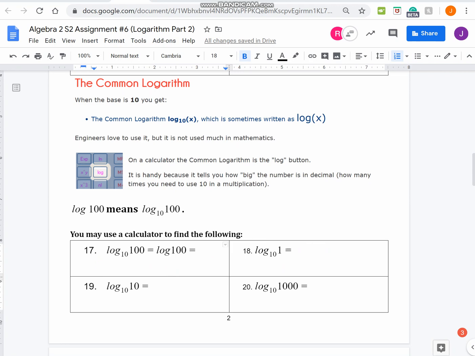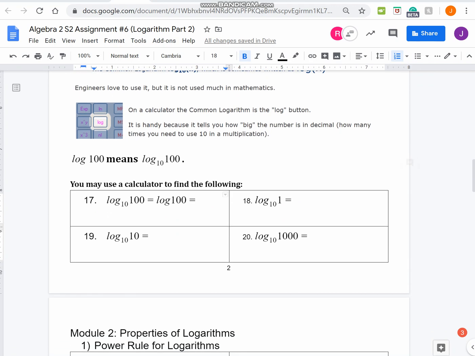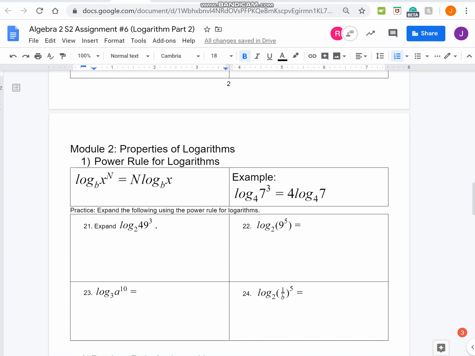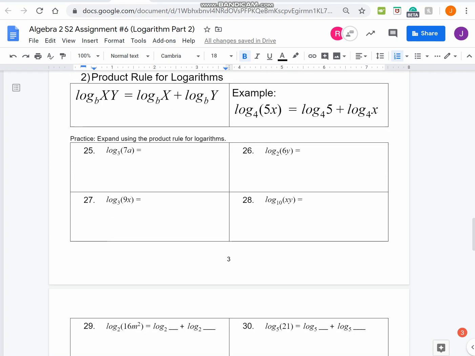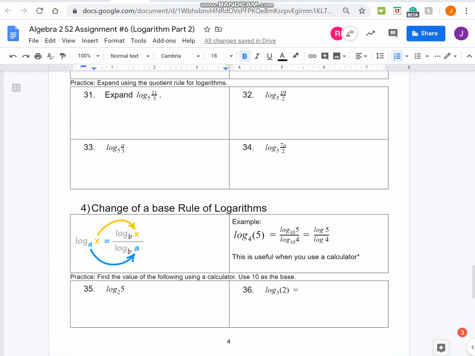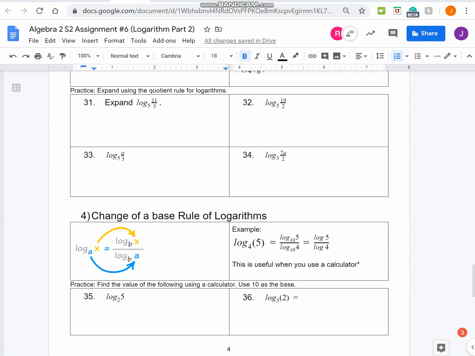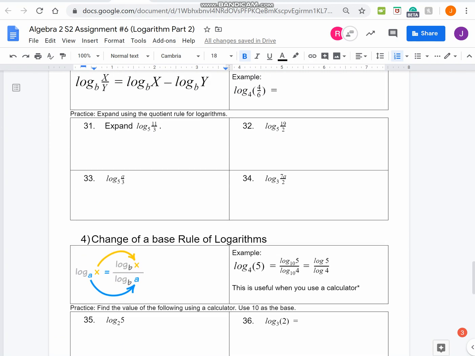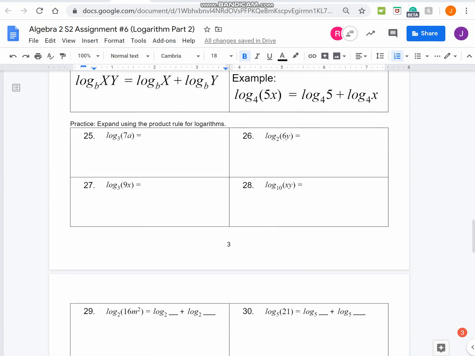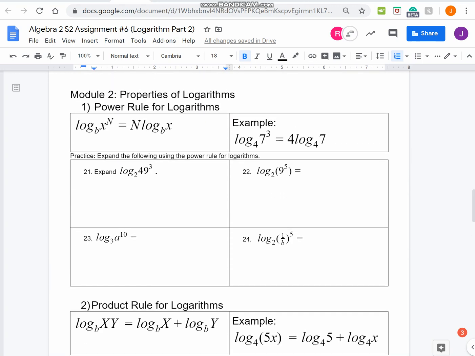Okay, so now we're going to move on to module 2, which contains 4 different properties of logarithms. Just like our exponential properties, they have the power rule, product rule, quotient rule, and the last one is something that you haven't seen in exponents, but I think the rest are pretty similar.